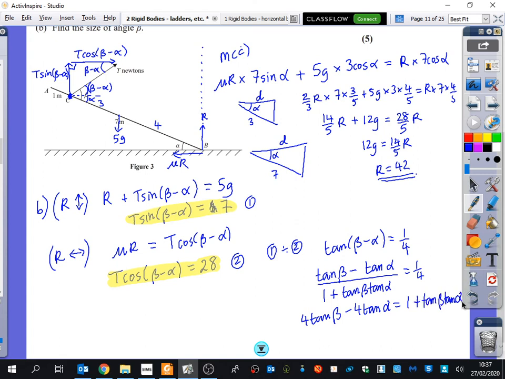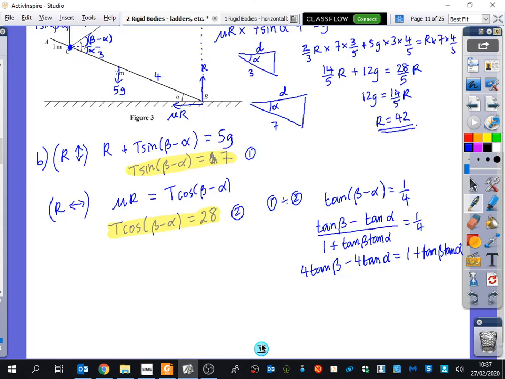But don't we know what tan alpha is? Yeah, 3 over 4. Tan alpha is 3 over 4. So 4 tan beta minus 4 times 3 over 4, which is minus 3, equals 1 plus 3/4 tan beta.